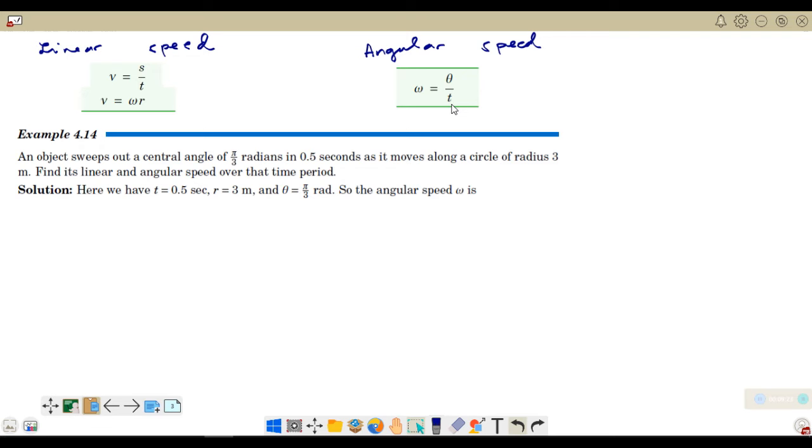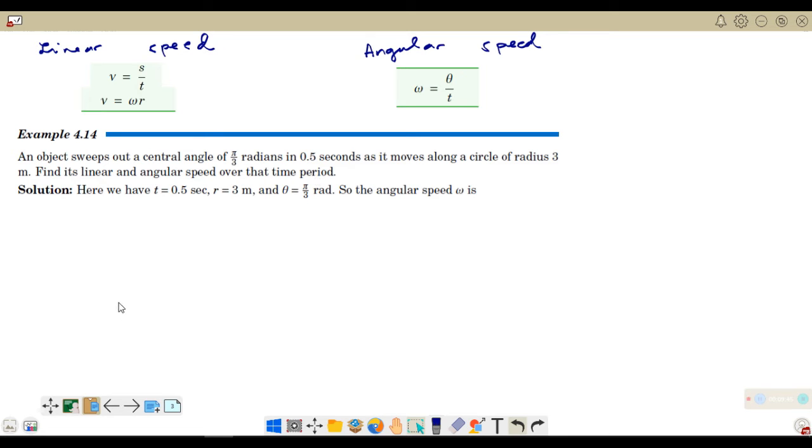Okay. So this is our problem. An object sweeps out a central angle of pi over 3 radians in 0.5 seconds as it moves along a circle of radius r, which is 3 meters. Find its linear and angular speed over that time period.